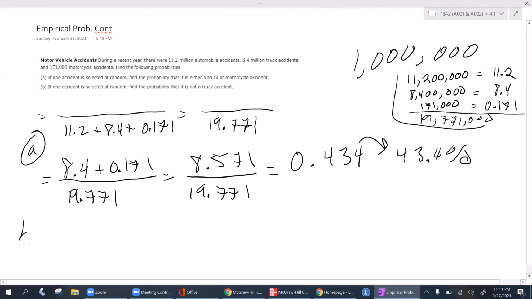And for part B, what is the probability, if one accident is selected at random, that it's not a truck? So which ones of these are not a truck? Automobiles are not a truck, and motorcycles are not a truck. So I'm just going to be focused on those.